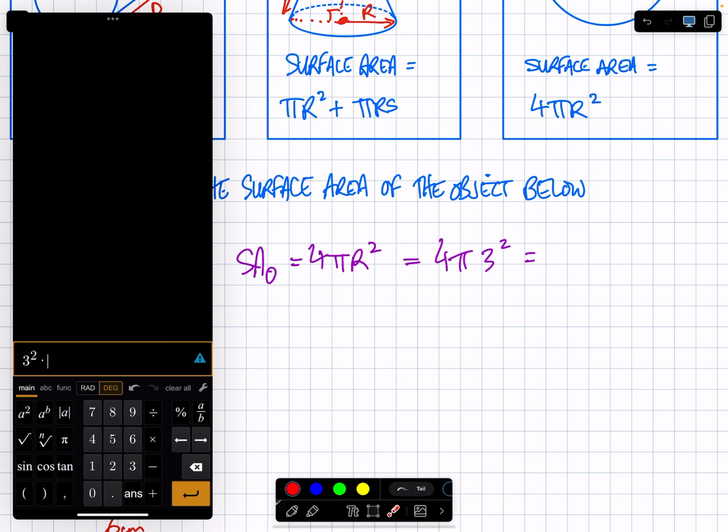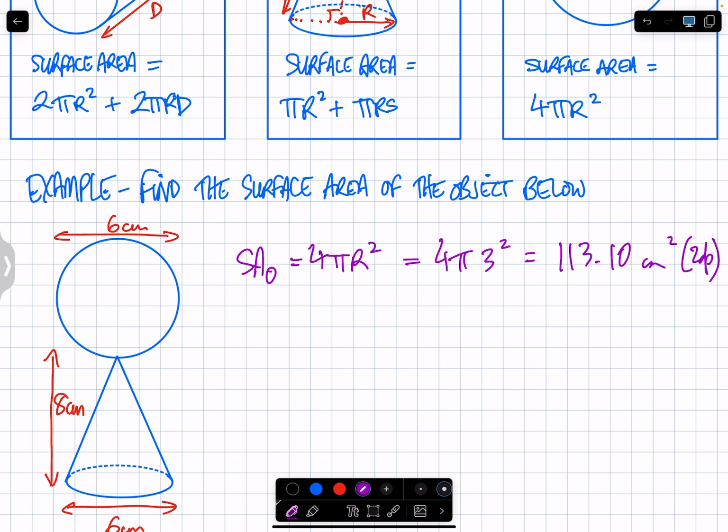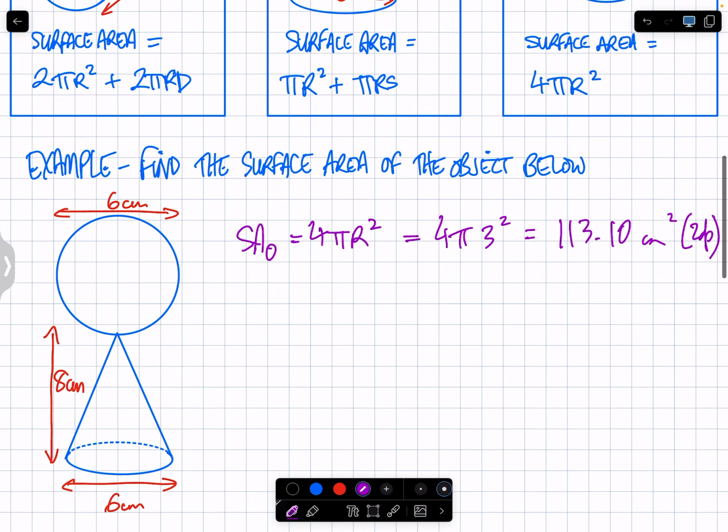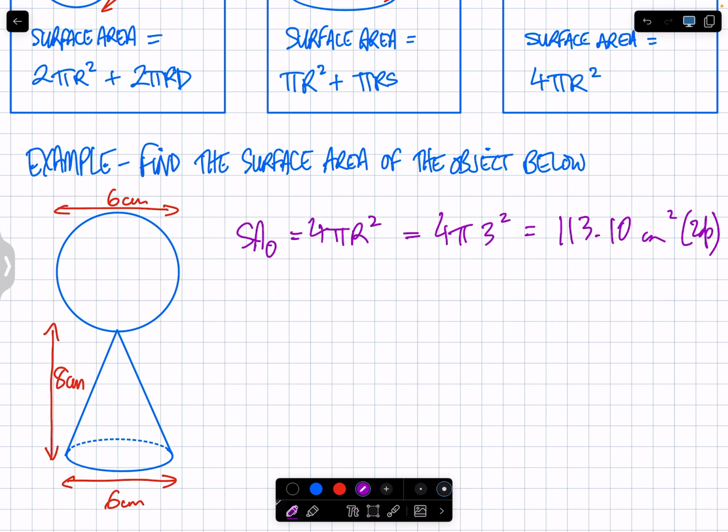Times that by pi. Times that by 4. So your surface area is going to be 113.10 square centimeters, rounded to 2 decimal points. That's for the sphere at the top of the object.